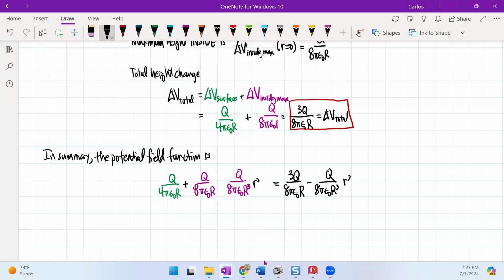And this is going to be between 0 and big R. On the other hand, if I'm outside, then I'm going to get this as a function of little r, and this is going to be between big R and infinity. This is the potential of a dielectric sphere.